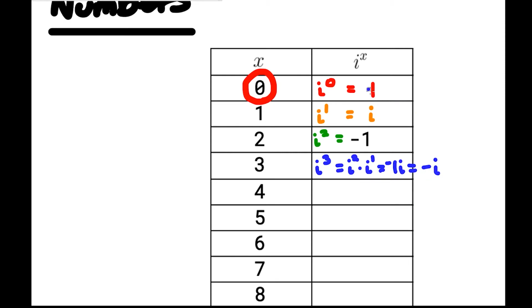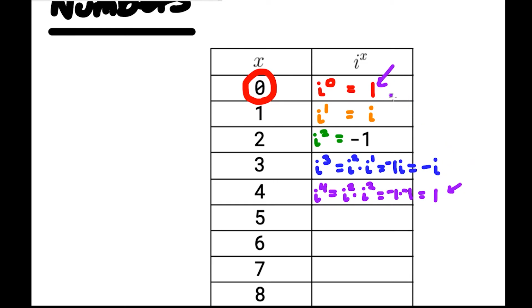Okay, so we have 1, we have i, we have -1, then we have -i, and then we're going to the fourth here. Well, i to the fourth is going to be equal to i squared times i squared, which is equal to -1 times -1, which is equal to 1. So if you notice now, this 1 that was right here repeats right here.